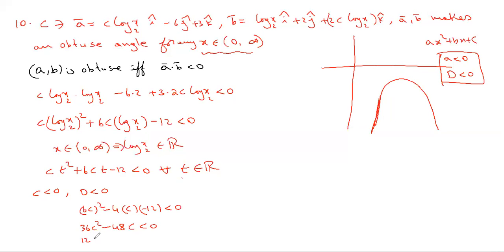I think 12c you can take common. So 12c into 3c plus 4 is less than 0. The wavy curve method, if you use, the zeros of these linear polynomials are 0 and minus 4 by 3.